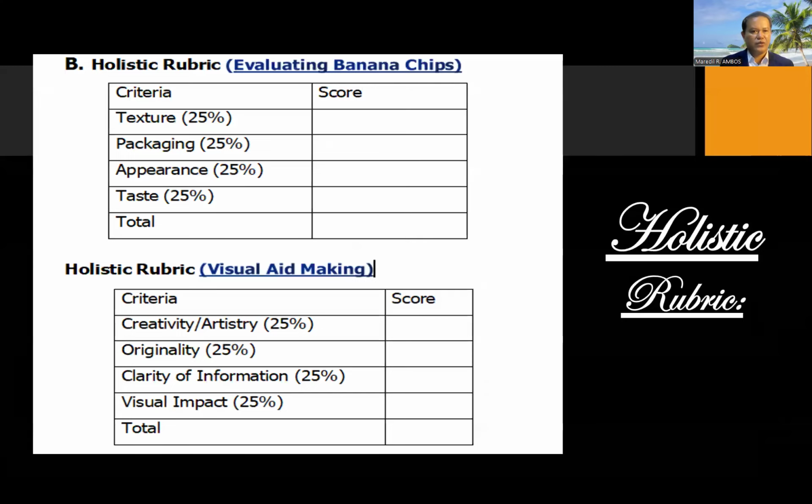We have also holistic rubric. So you can see here those criteria we have seen in the previous slide. So criteria and the score, texture is 25, packaging 25, appearance 25, and the taste 25. So another holistic rubric for visual aid making. So for creativity and artistry is 25, originality is another 25, clarity of instruction is another 25, and of course the visual impact is 25.